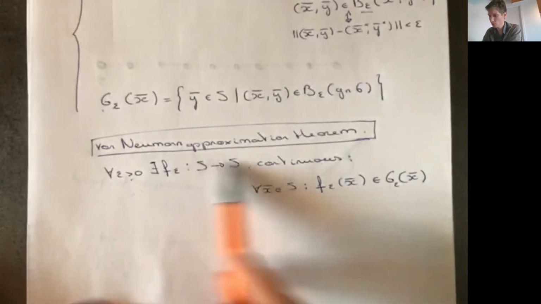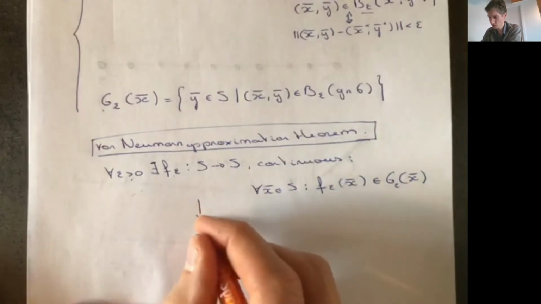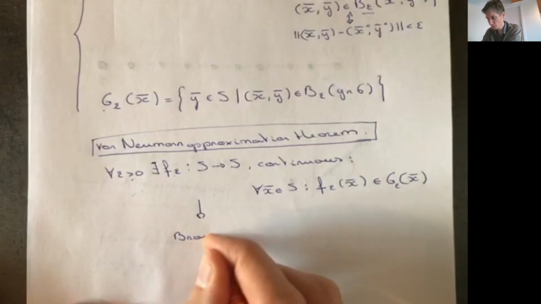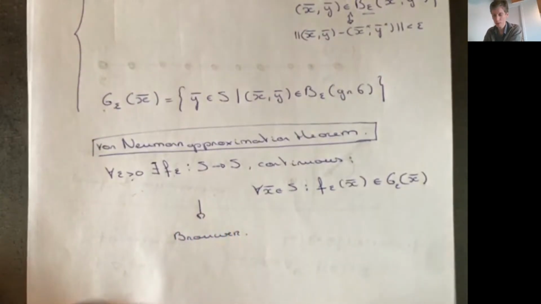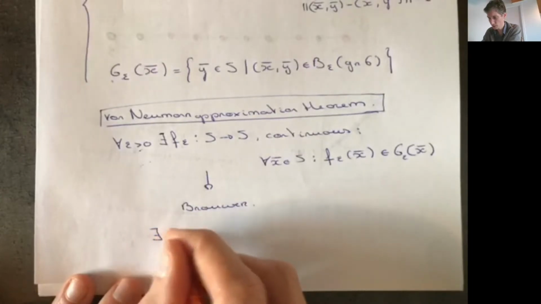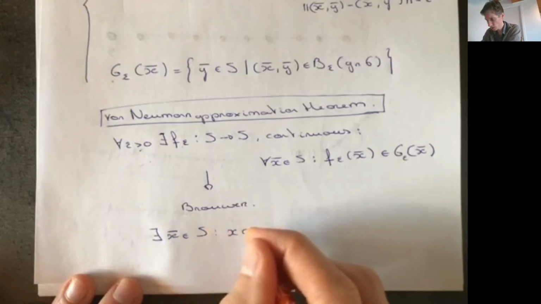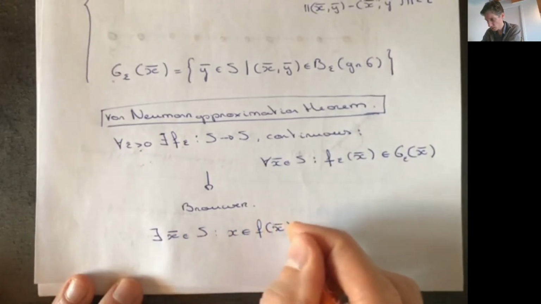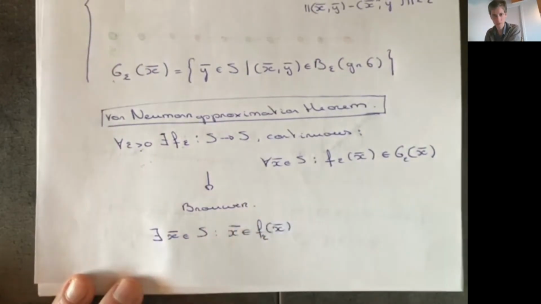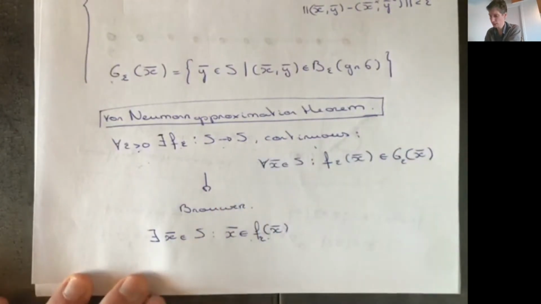Given this result, because this function is continuous, I can use Brouwer. And I can find an element x in s such that x is in f epsilon of x, the fixed point of this continuous function from s to s.